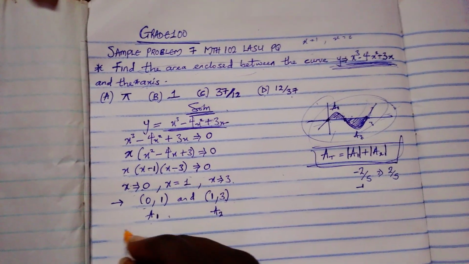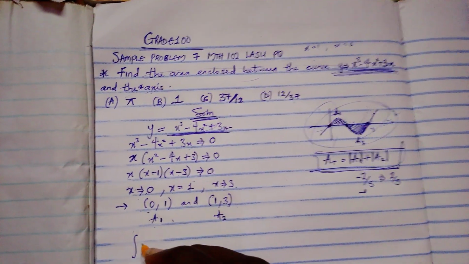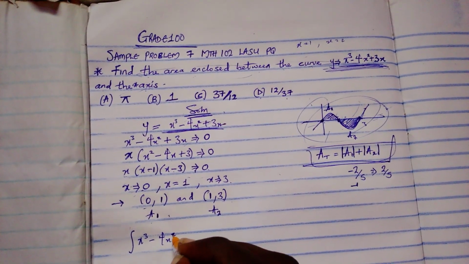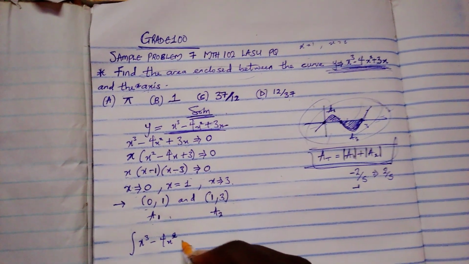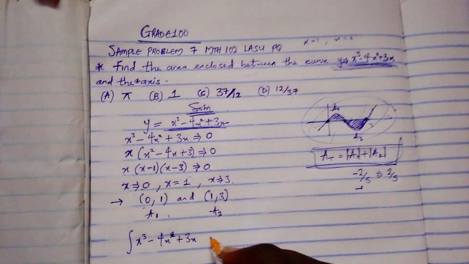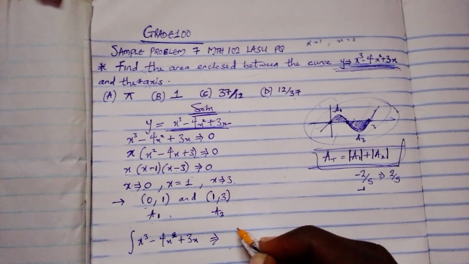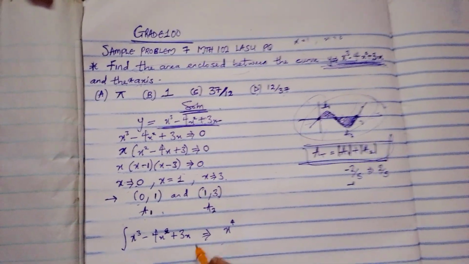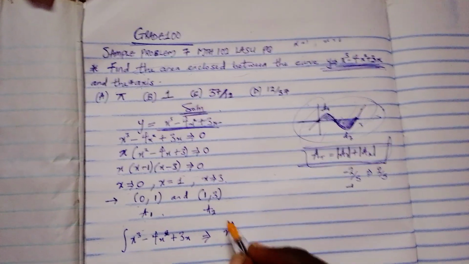When we integrate this, we have x cubed minus 4x squared plus 3x. If we integrate, we'll have x raised to power 4. Just integrate each term independently, add 1 to the power, then divide by the result.